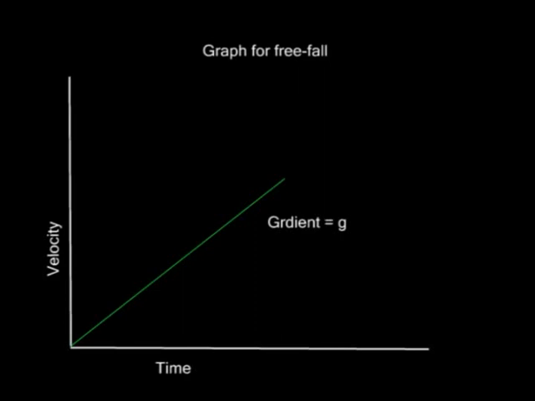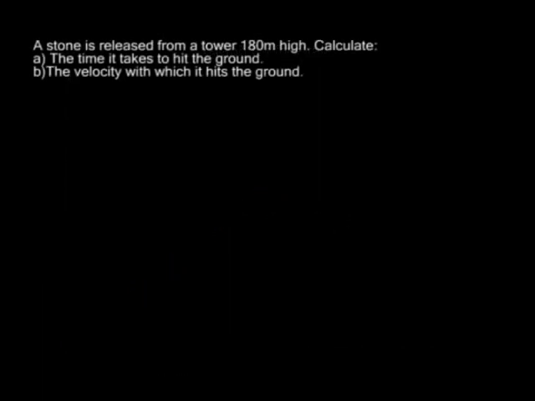An example: a stone is released from the top of a tower 180 meters high. Calculate A, the time it takes to hit the ground, and B, the velocity with which it hits the ground. In the solution for A, the most appropriate equation is h, height, is equal to ut plus a half gt squared.